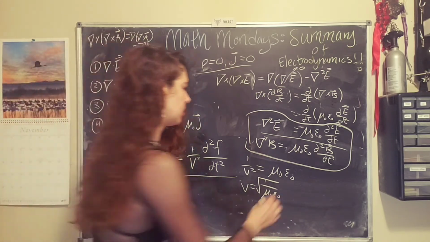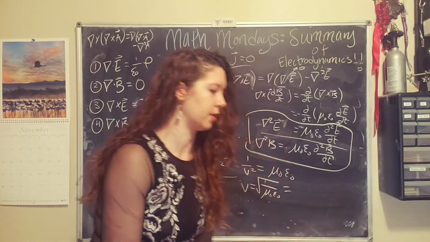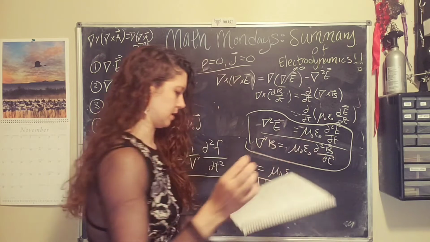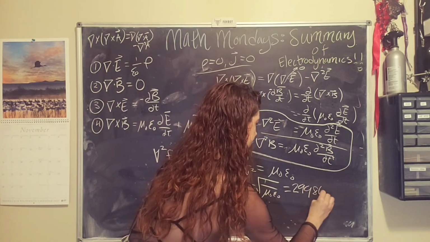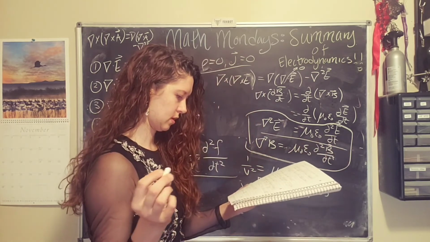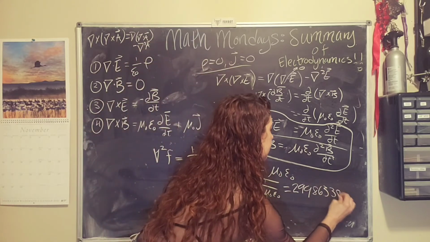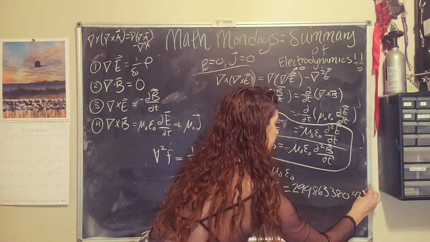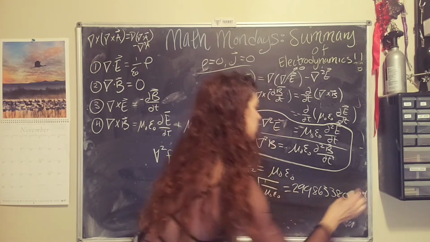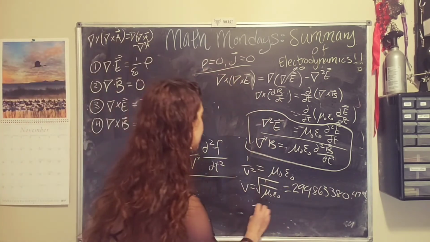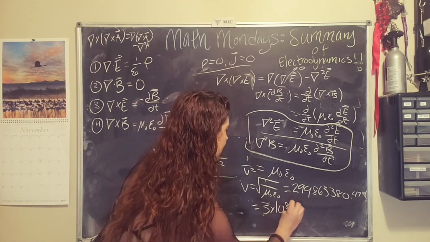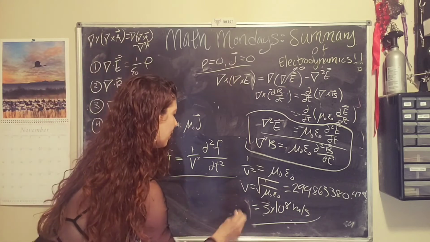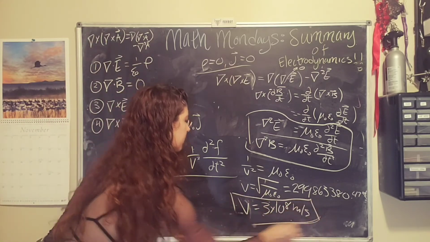If you look them up and put them in this equation, you will get 299,863,380.47 meters per second, AKA 3 times 10 to the 8th meters per second. Whoa! So cool. So that is the velocity of light.